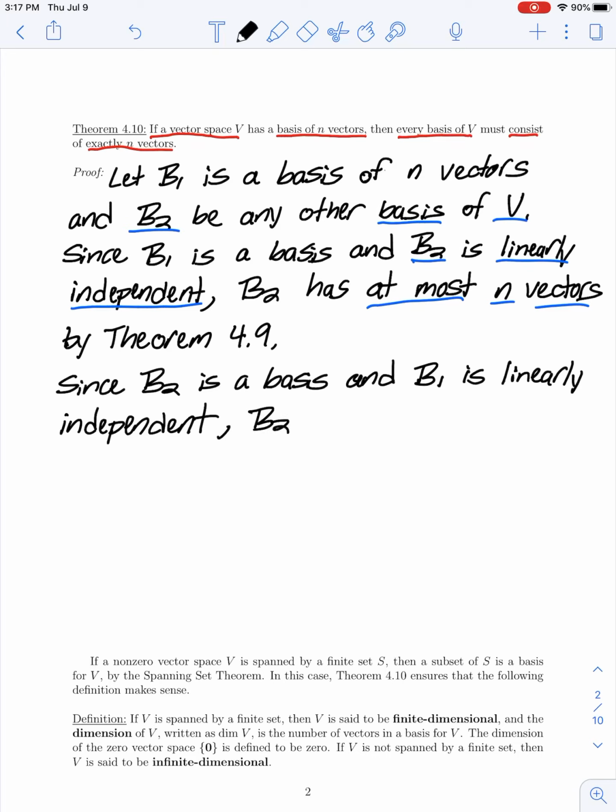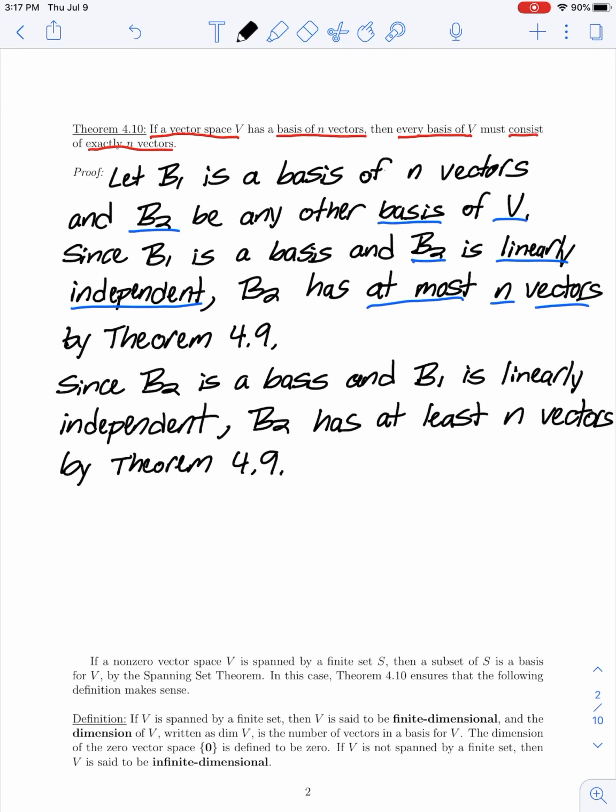That means that B2 has at least n vectors by theorem 4.9. So since B2 is a basis and B1 is linearly independent, that means that B2 cannot contain fewer than n vectors because then B1 would not be linearly independent according to theorem 4.9.